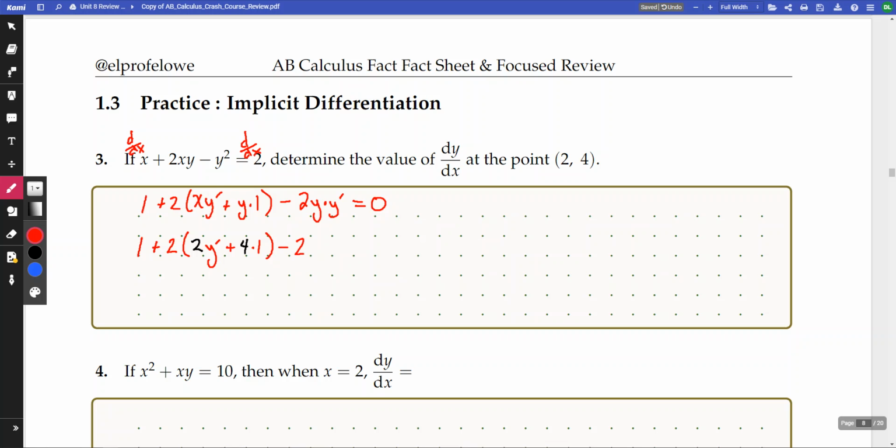And then I have minus 2, and the value of y was 4, and then times y prime. And ultimately, I'm trying to solve for y prime.